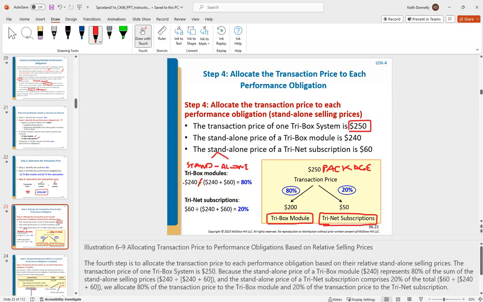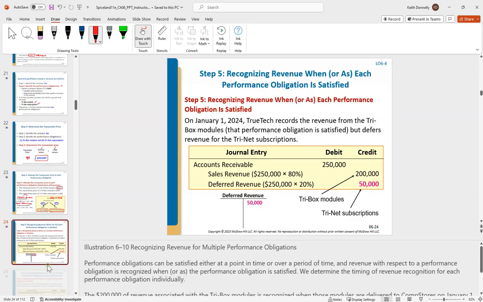We divide that by what we sell it by itself for plus what we sell the Live for, so it's Xbox over Xbox plus Live, based off the standalone prices. We see it's 80%. Do the same thing for subscriptions, 20%. Of this $250, 80% or $200 is going to be associated with the Xbox, and 20% or $50 is going to be associated with the subscriptions.